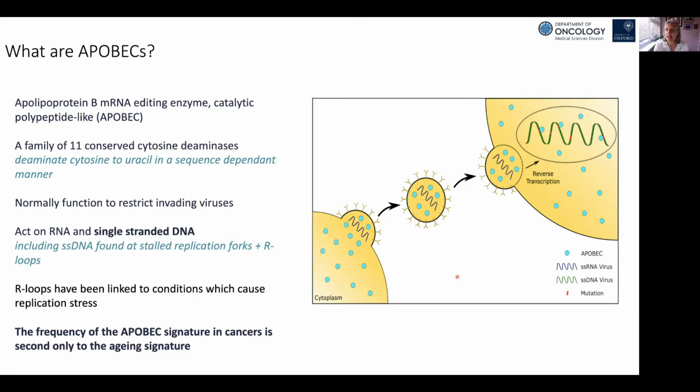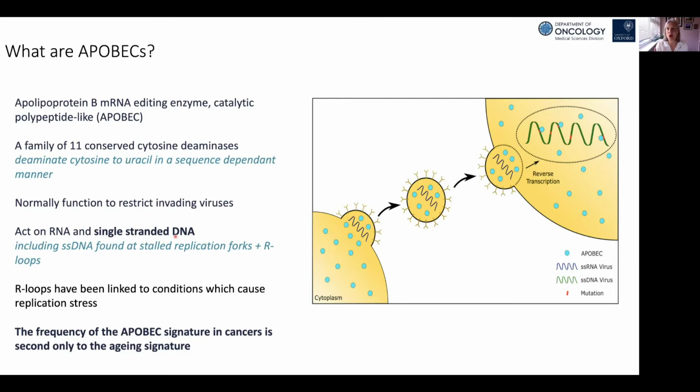But the apobecs deaminate single-stranded DNA. And that single-stranded DNA could occur in a virus, but it can also occur at a stalled replication fork or an R loop. And if you remember, just on the previous slide, I showed you that the hypoxic cells that we're studying are full of single-stranded DNA.